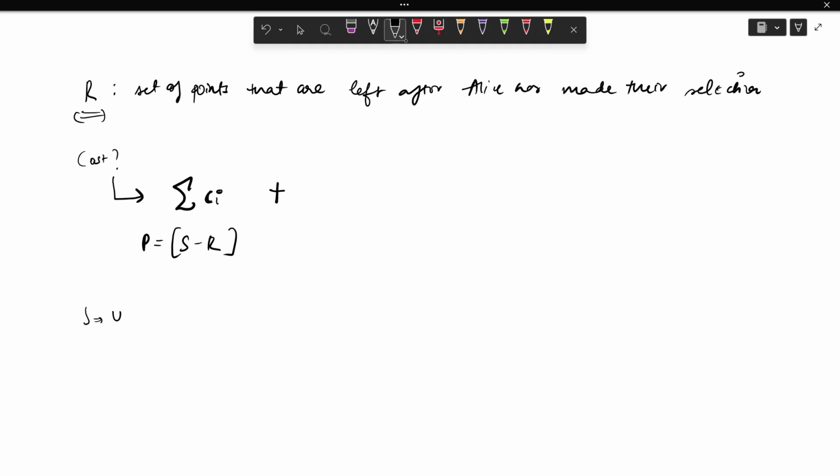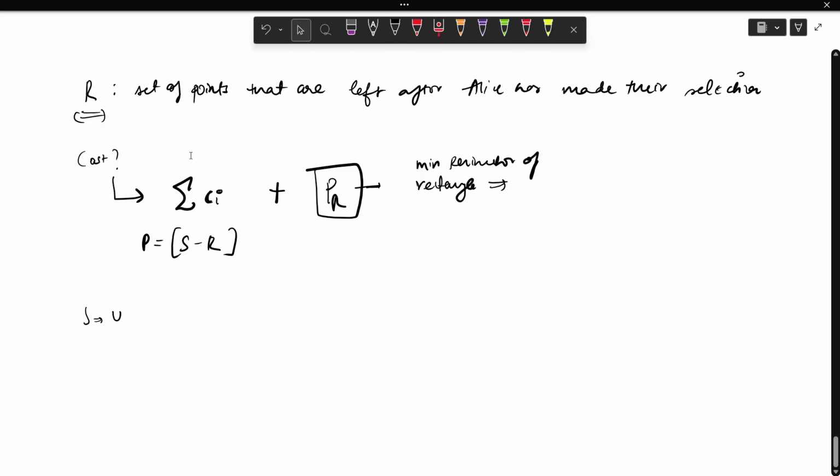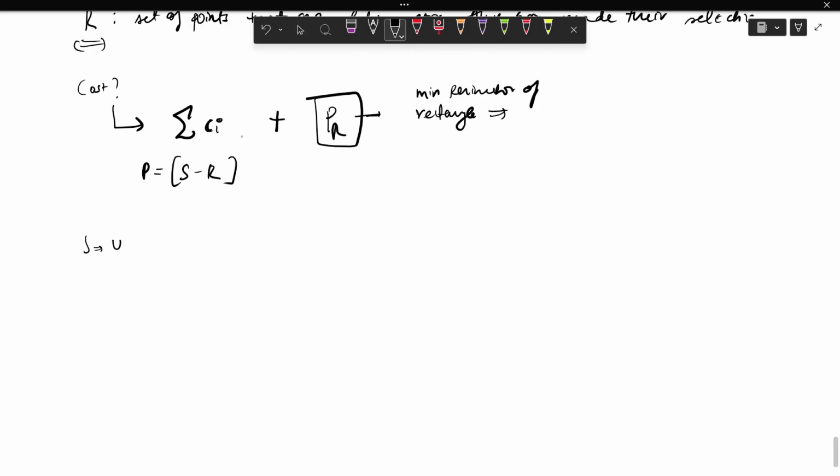And then we will add the perimeter P_R, which is the perimeter of the rectangle that basically provides a cover for all the leftover points. This is the minimum perimeter of the rectangle. So this will be our cost.